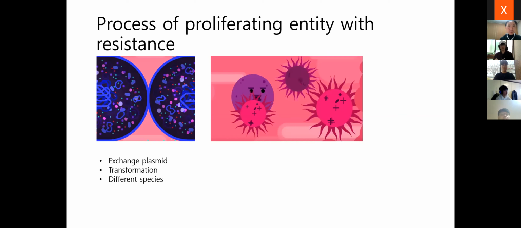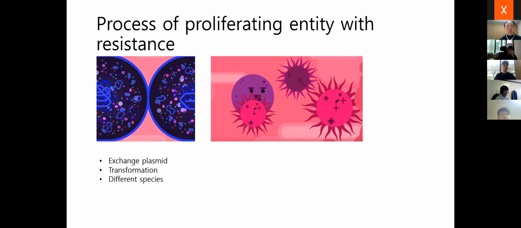And let me explain the process of proliferating entity with resistance. First of all, before explaining, there are plasmids, and you can simply think that it's one part of the DNA. Bacteria can exchange plasmids between entities.